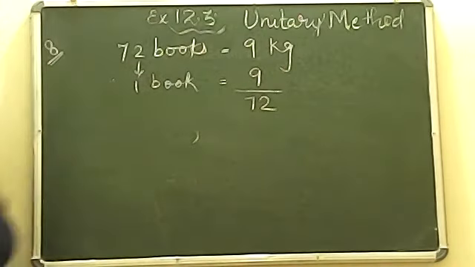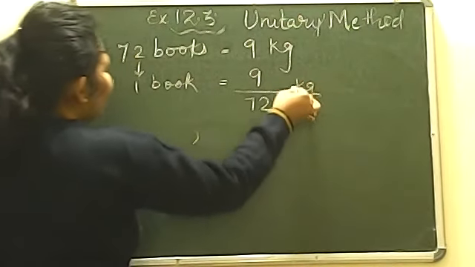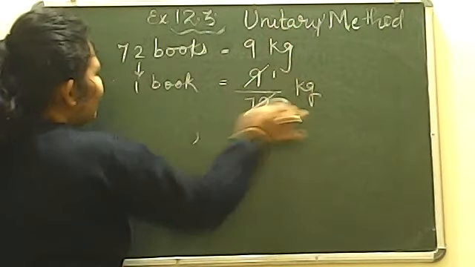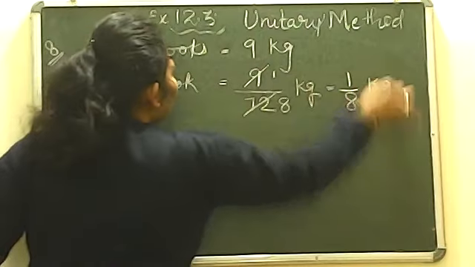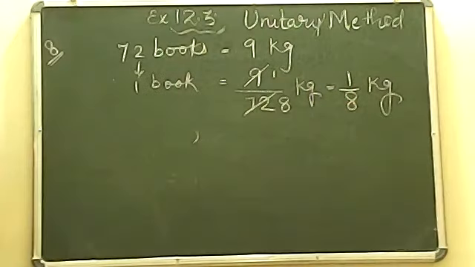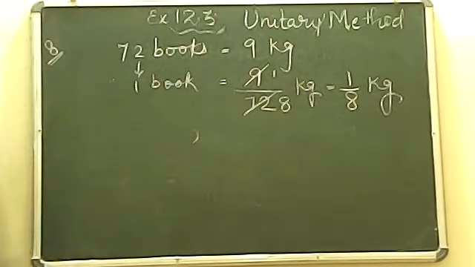So here it would be 9 by 72 kg. If you cancel it, 9 ones are 9, 9 8s are 72, so your answer would be 1 by 8 kg. So one book will have the weight 1 by 8 kg.